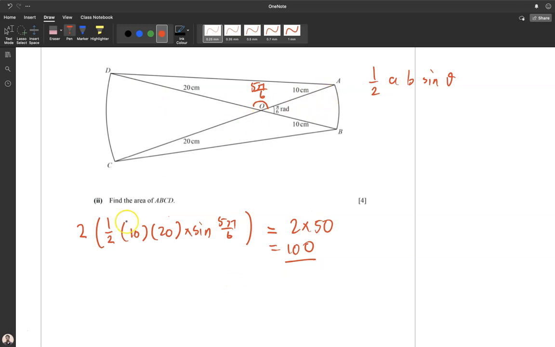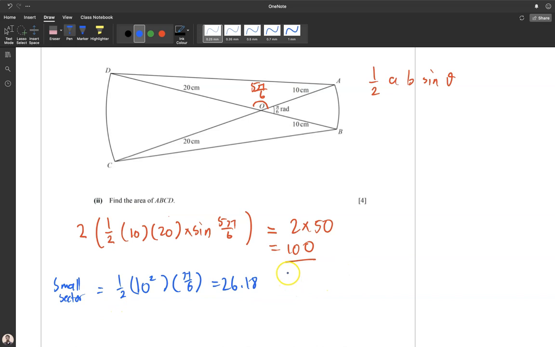So the small sector is this. Small sector equals half times 10 squared times pi over 6. This gives me 26.18.